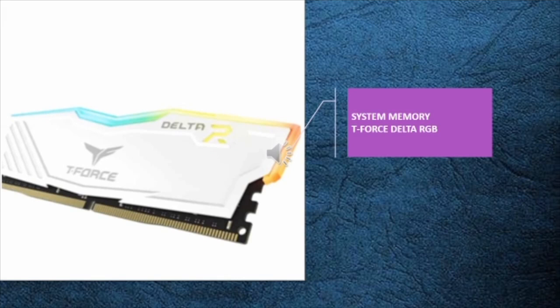The second one is system memory. System memory is the place where the computer holds current programs and data that are in use. For the system memory, I have chosen the Geil RGB. This system memory type is DDR4. The memory capacity is 8 GB and the memory format is DIMM.